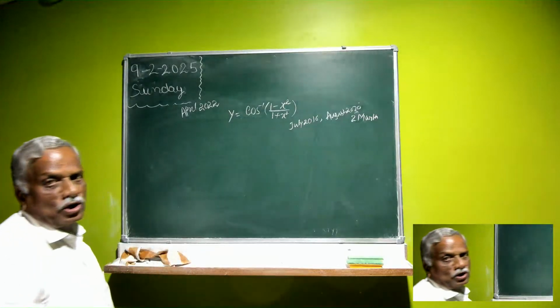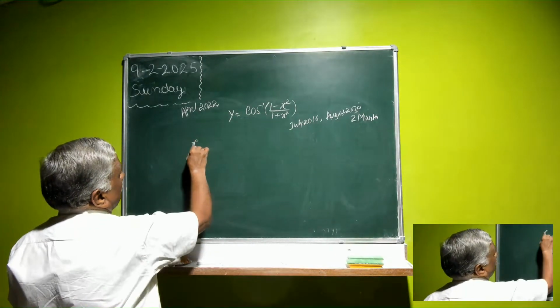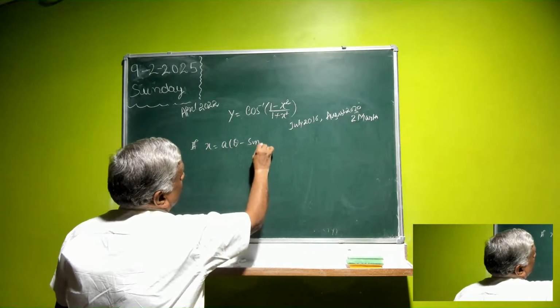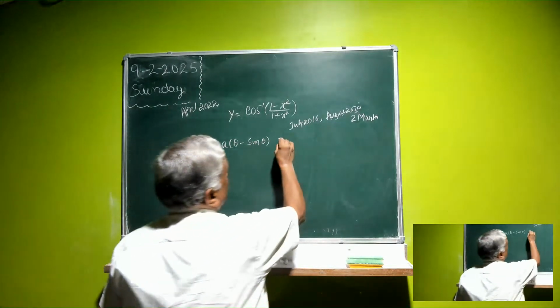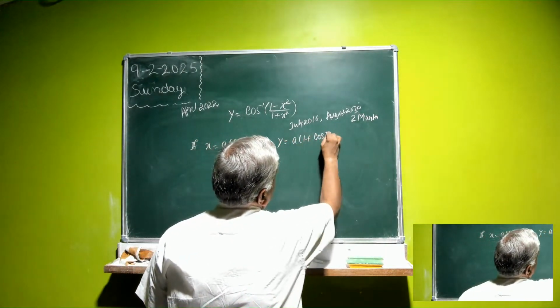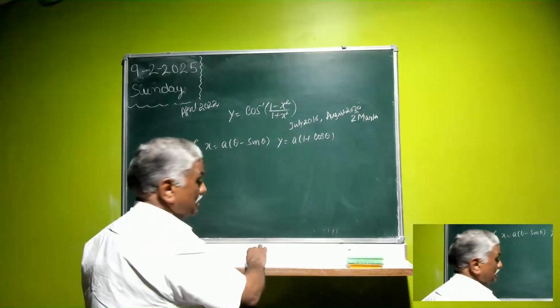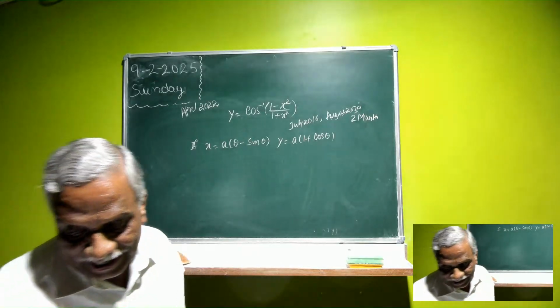The second problem in April 2022 is if x is equal to a into theta minus sin theta, y is equal to a into 1 plus cos theta, find dy by dx.